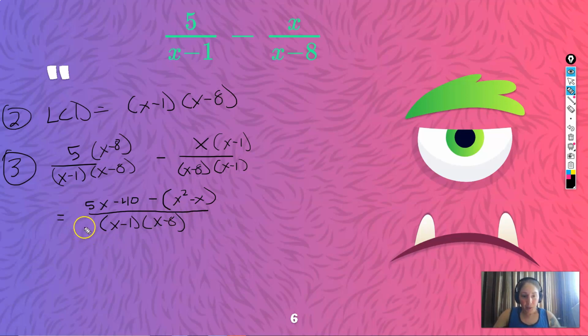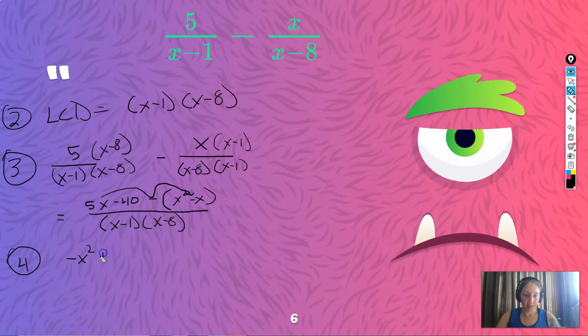So step 4. Now let's clean up this numerator. Let's see. What do we have here? We have a negative x squared. We have a 5x minus, so we have a 5x minus x.